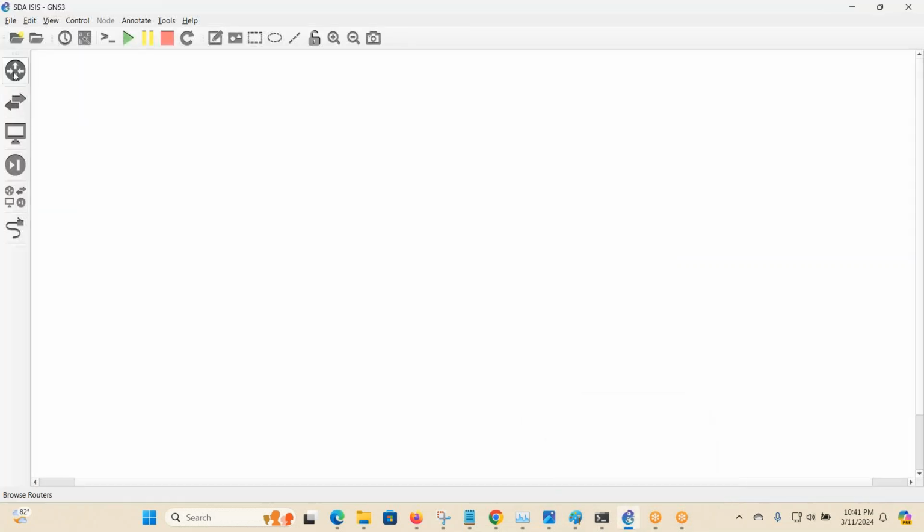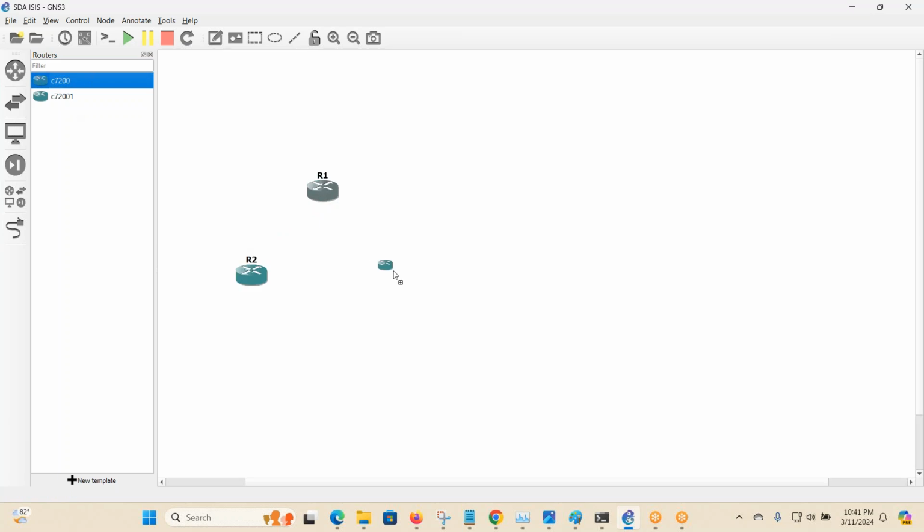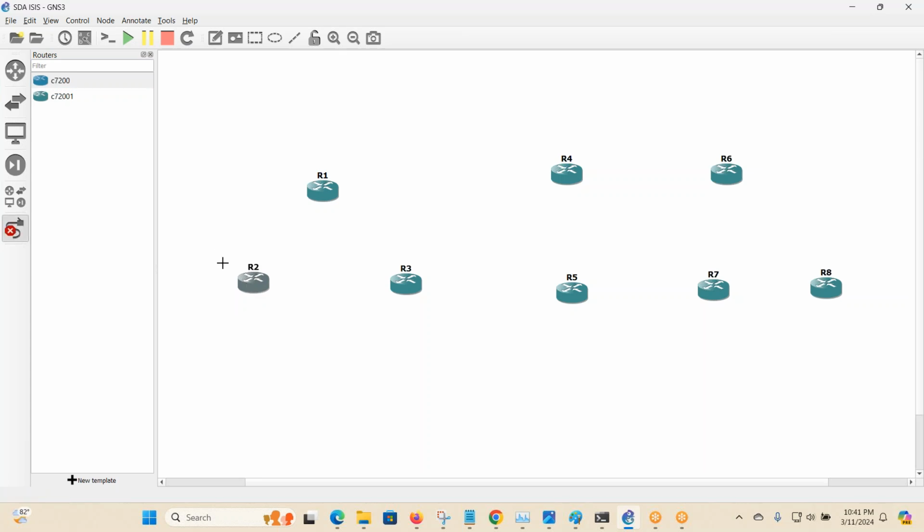Let's quickly configure a topology. So serial 1 by 0, serial 1 by 0, serial 1 by 1, R3 1 by 0.